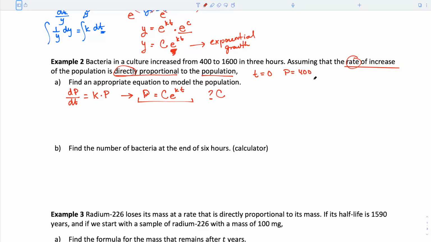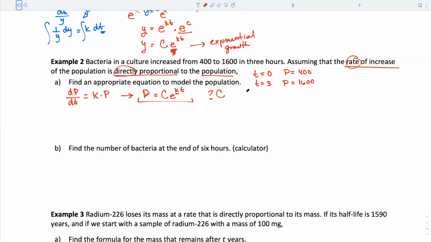The other one, we could use it, we could not. At t equals 3 hours, p is 1600. We may or may not need it, right, at this point, but let's see. So we got to figure out what c is, and I forgot, we also got to figure out what is k.